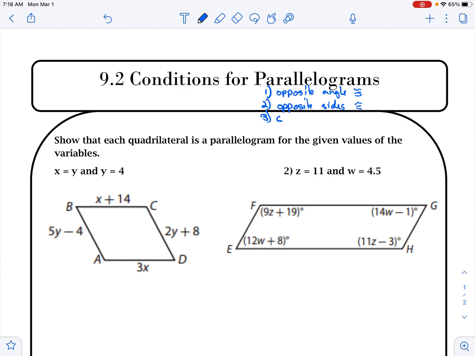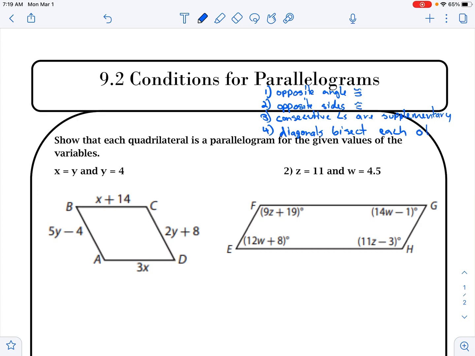We had consecutive angles that are supplementary. And then we had the diagonals bisect each other. So we had these 4.